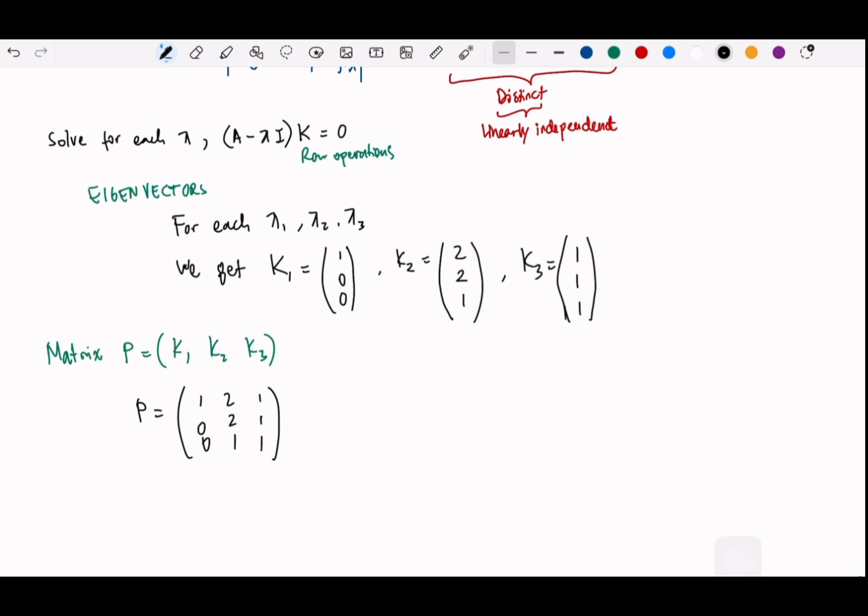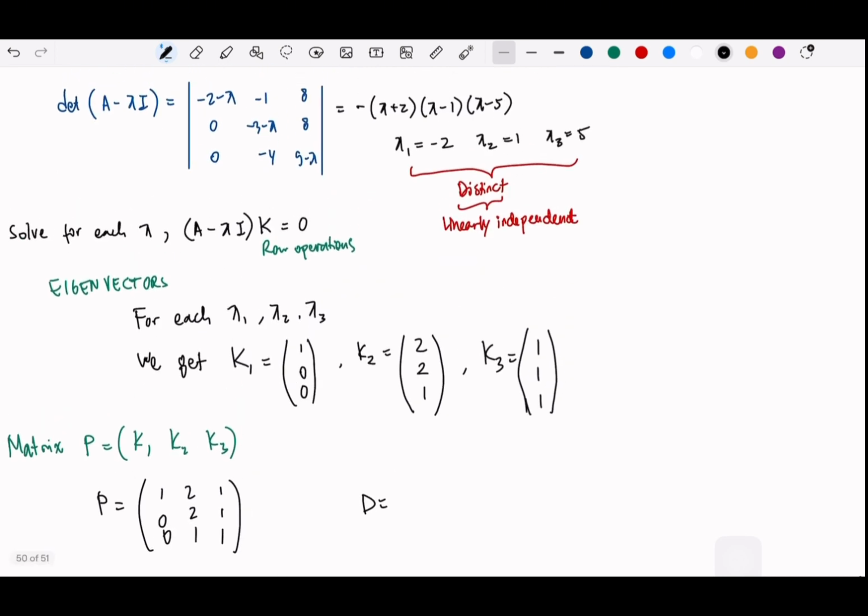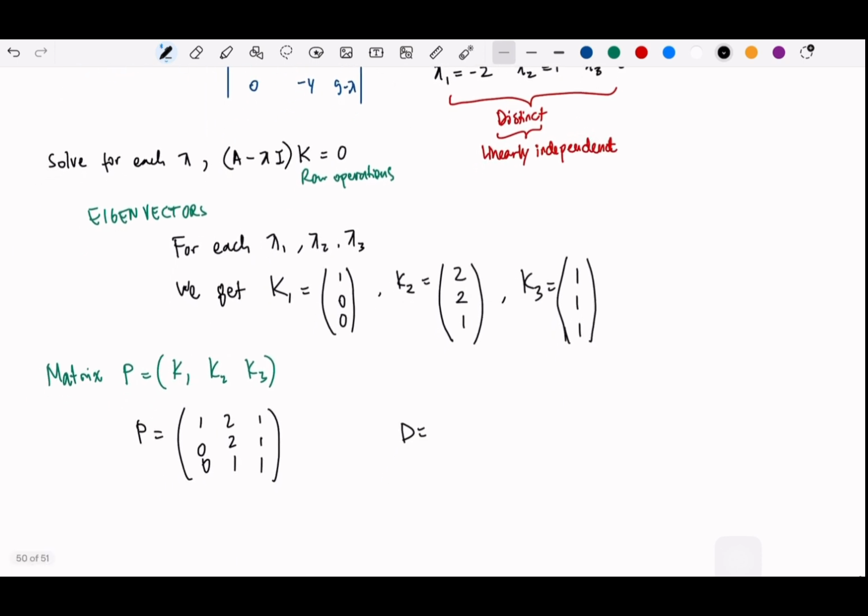And then our D, based on the criteria for diagonalizations, will be directly -2.